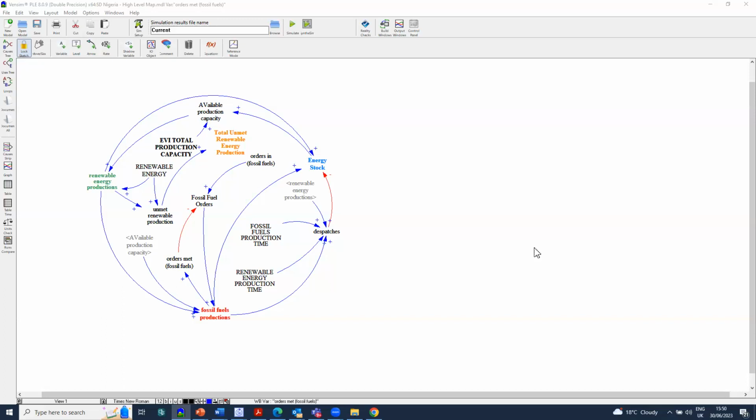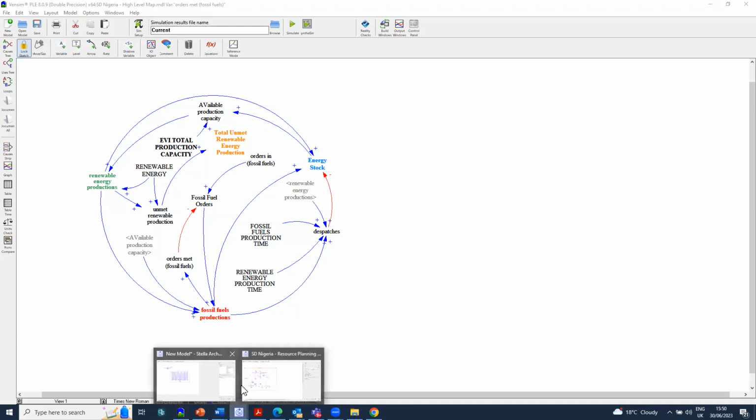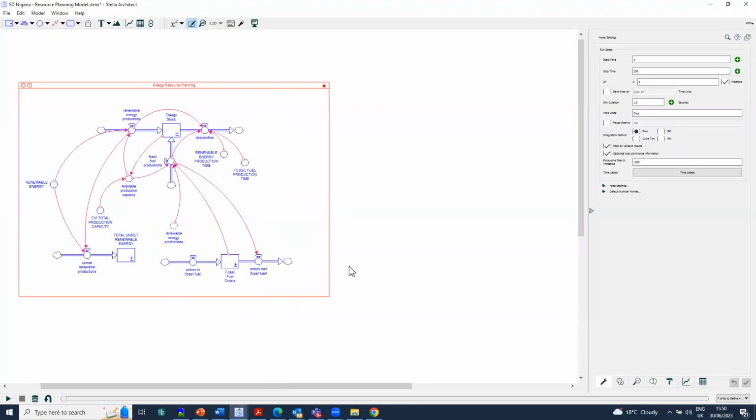Let me take a typical example. So we agree that the total capacity is 30, is that correct? If the total production capacity is 20, let's call up another graph again.